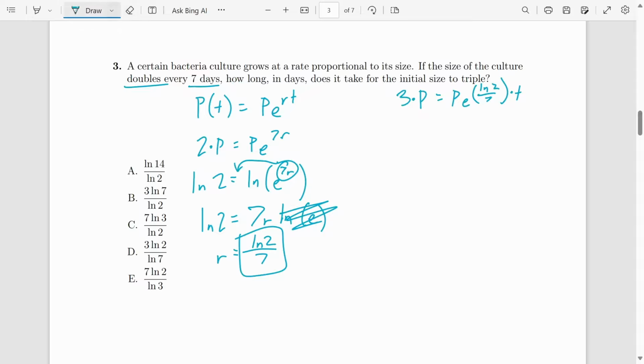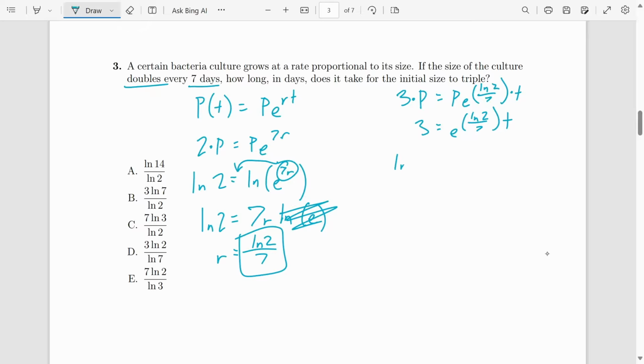So same thing as before, we can divide both sides by p to get 3 equals e to the ln 2 over 7 times t. And we only have one variable to worry about, and it's the one we're looking for. So we can just solve for that, and we'll have our answer. Same thing as before, we take the ln of both sides to get this top exponent all by itself.